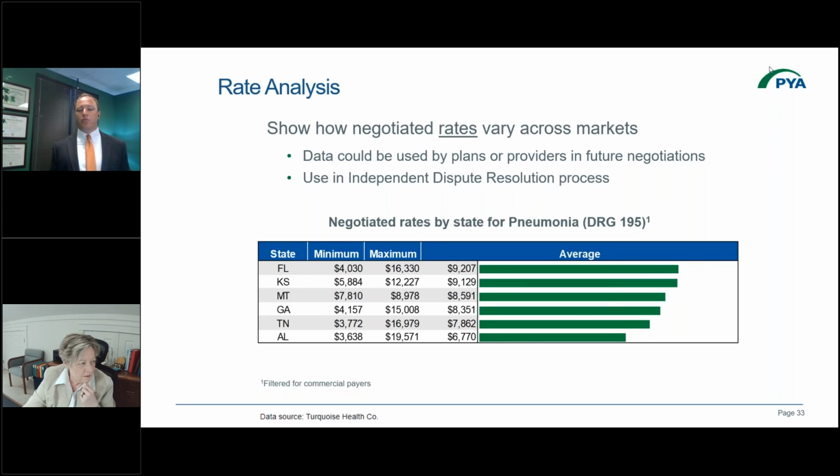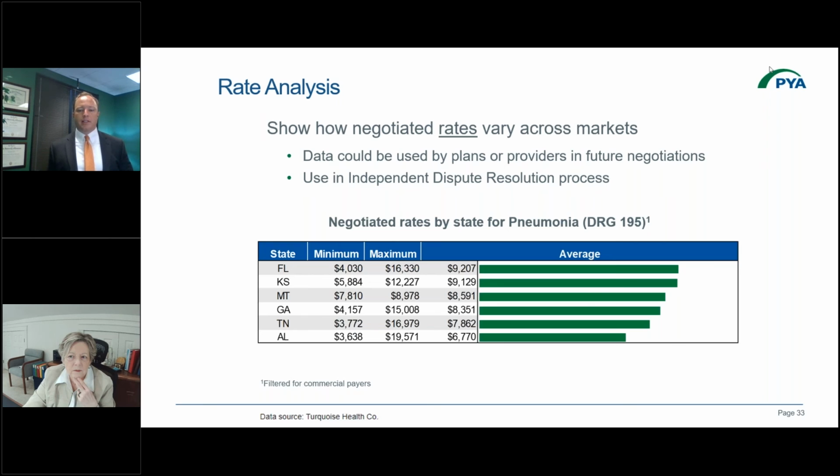Our attempt to cut through that noise is that we've ranked each CPT and DRG across the nation, and we've removed those outliers so we can make more sense of the data that has been posted and make it more meaningful. As Kathy mentioned, the data could be used by plans or providers for future negotiations, for contract renewals, or in independent dispute resolution.